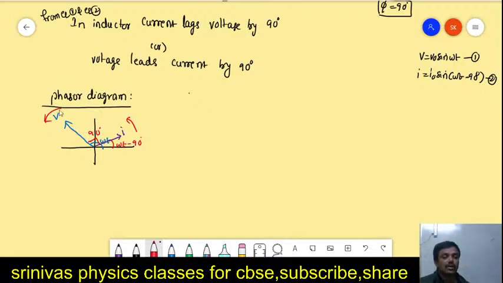That is, the voltage is forward and the current is backward. This means voltage leads the current, or we can say the current is behind the voltage. We indicate current and voltage as rotating vectors in the anti-clockwise direction.